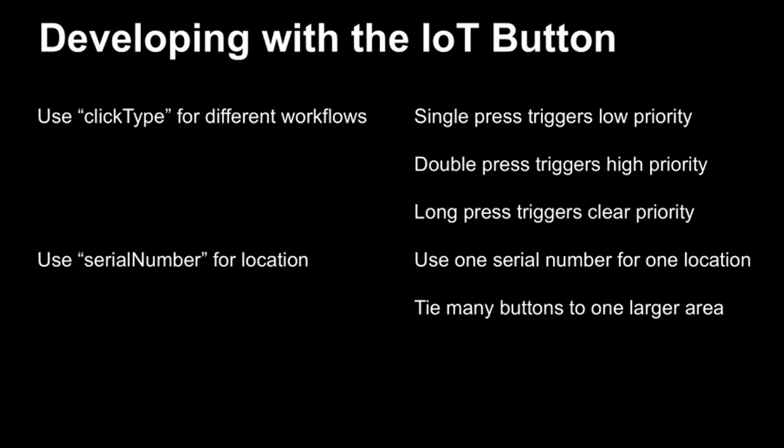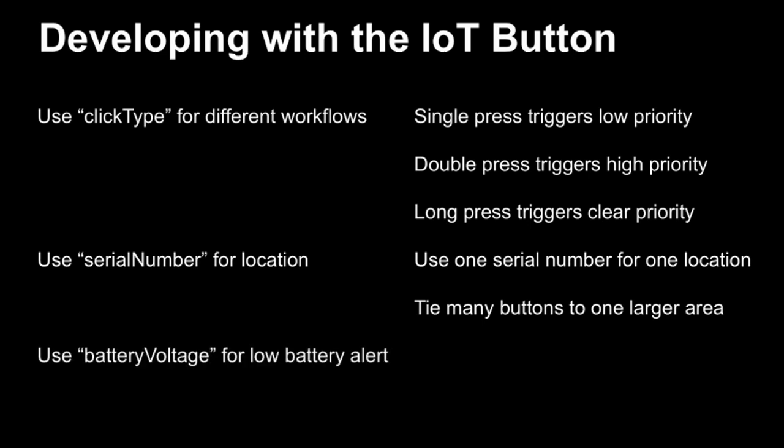You can also tie many buttons to one larger area. In a later demo we'll use DynamoDB, and it will take every single serial number and tie that serial number to a complete store and an area of the store, a retail area. So you can use a database to say these 5 buttons with these serial numbers always relate to the first floor or the second floor or one larger area.